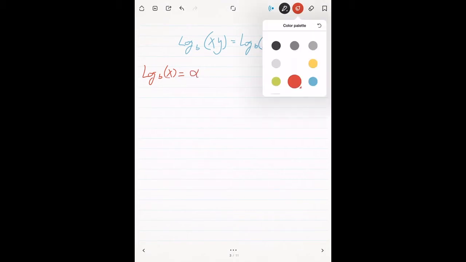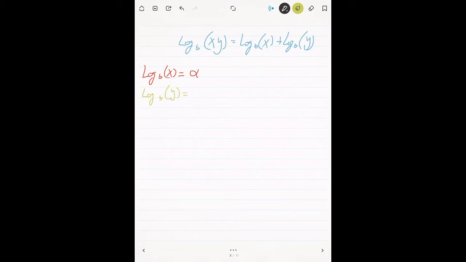And let me change colors here. I'll go green for this next quantity. And I can say that log base b of the value y, that's just going to give me another quantity. And let's say that this quantity equals epsilon.